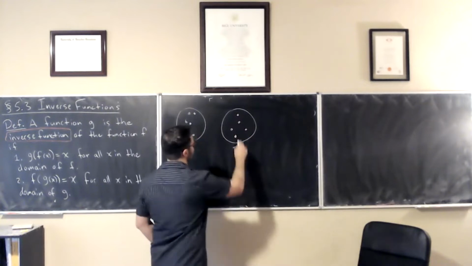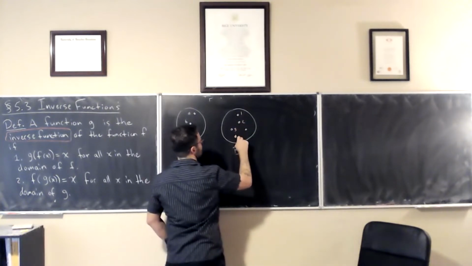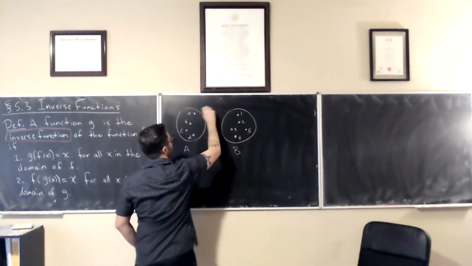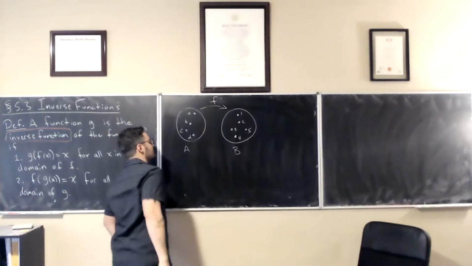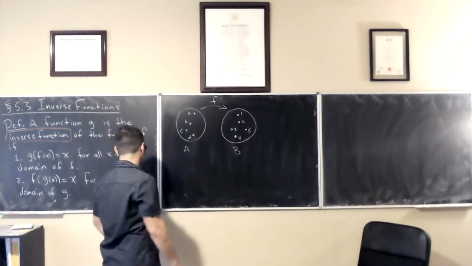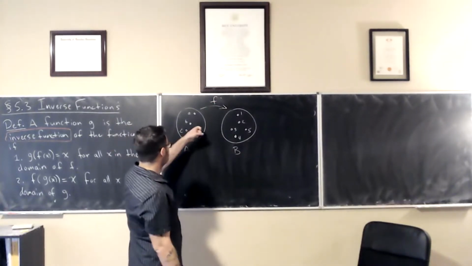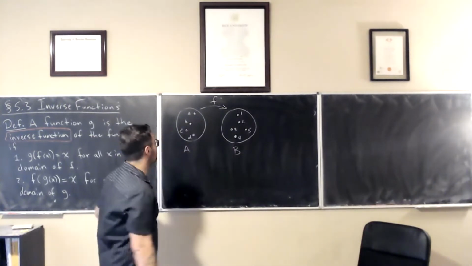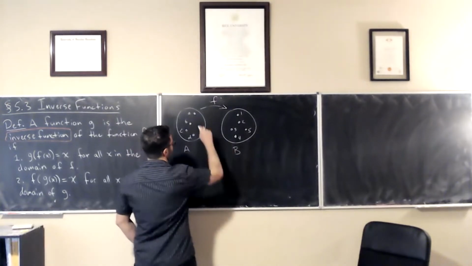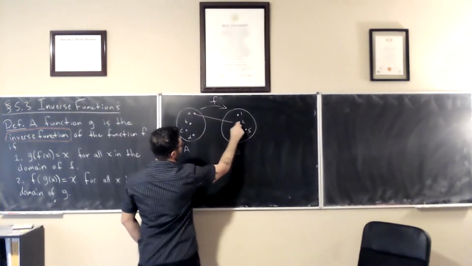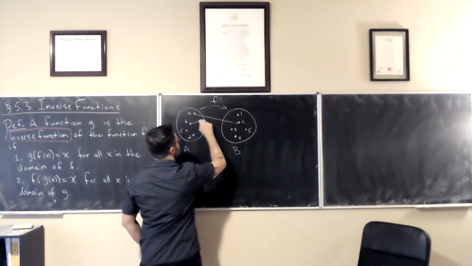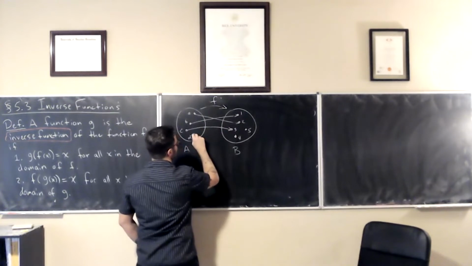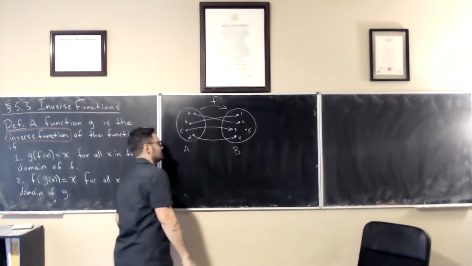And then we have some elements over here, maybe 1, 2, 3, 4, 5. And just suppose we have some function f that maps A to B. So again, in order for this to be a function, each thing in the domain set needs to be mapped to exactly one element in the range set, or codomain. So maybe a gets sent to 2, b gets sent to 1, c gets sent to 3, and d gets sent to 4.